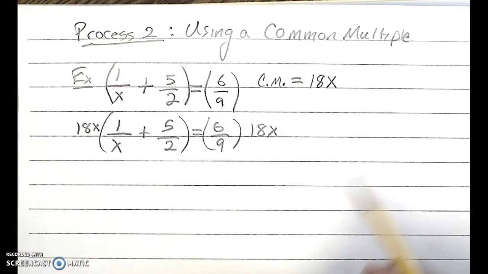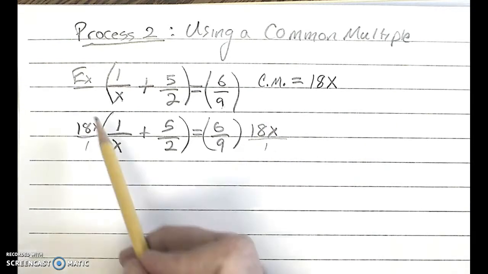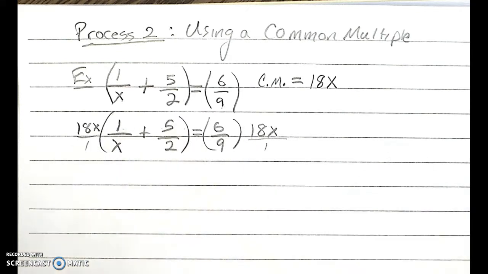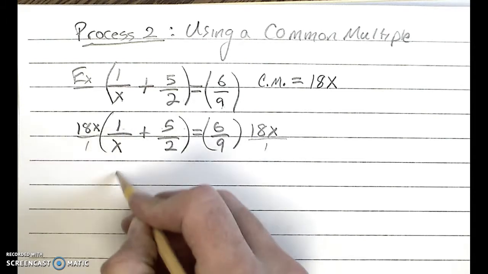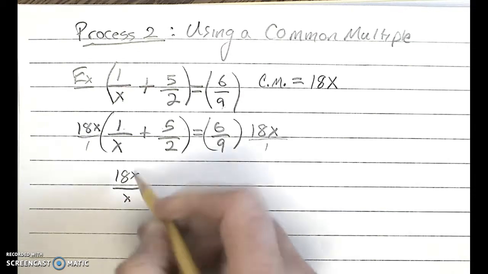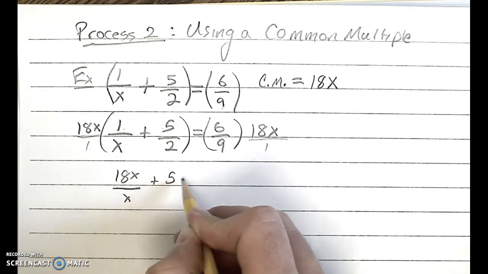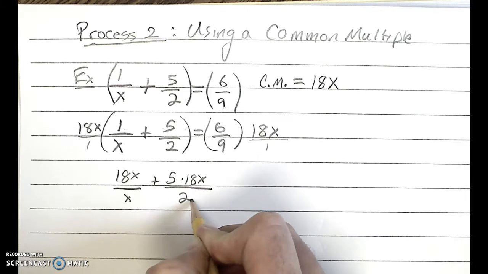Remember, when we multiply fractions, it's like saying 18 over 1. This just goes to each of our numerators, and we don't worry about our denominators; they will not change in this process. We have to distribute 18x through here, so we get 18x times 1, that's just 18x divided by x. When we take 18x times 5 halves, that's plus 5 times 18x all over 2.